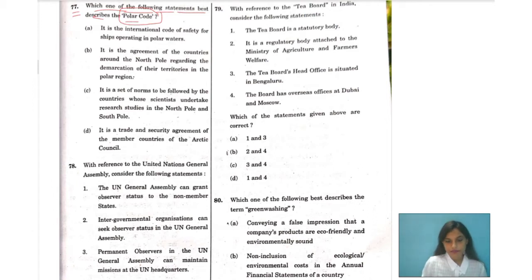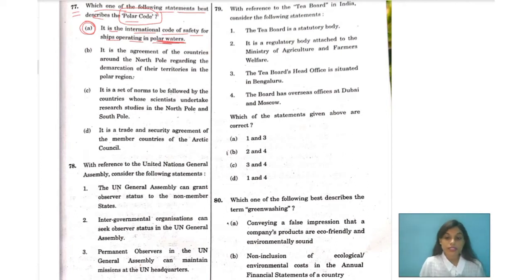Now, your correct answer is that the polar code is the International Code of Safety for ships operating in polar waters. So your correct answer is option A. Why so?